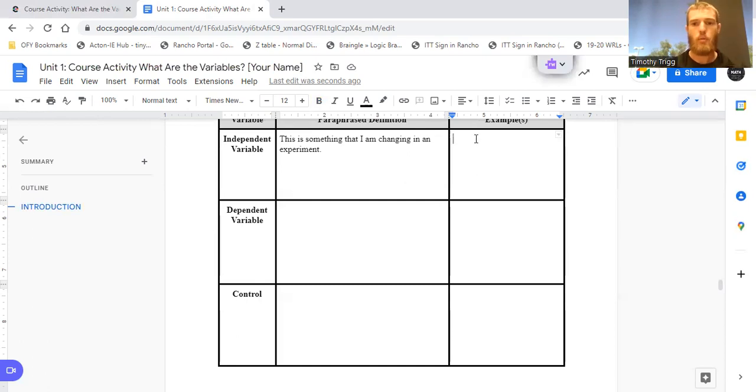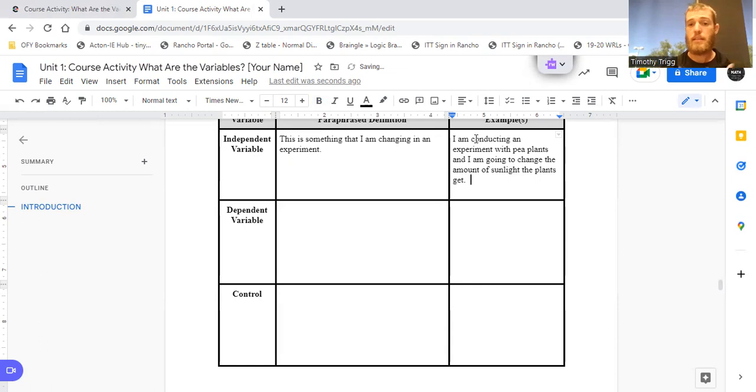So an example might be: I am conducting an experiment with pea plants, and I am going to change the amount of sunlight plants get.